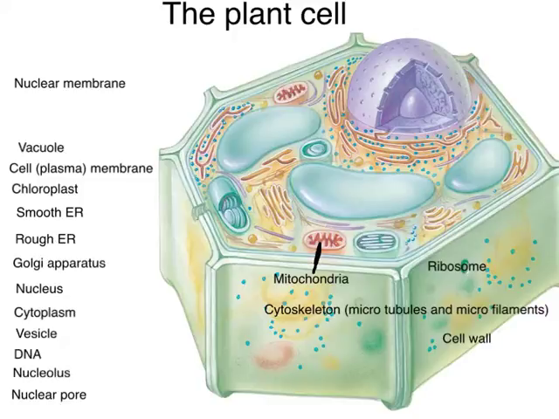All right, let's move on. Next one we have here is the vacuole. And you can see there's actually a couple of different vacuoles inside of this plant cell. Plant cells often have a very large central vacuole. Now, what do vacuoles do?